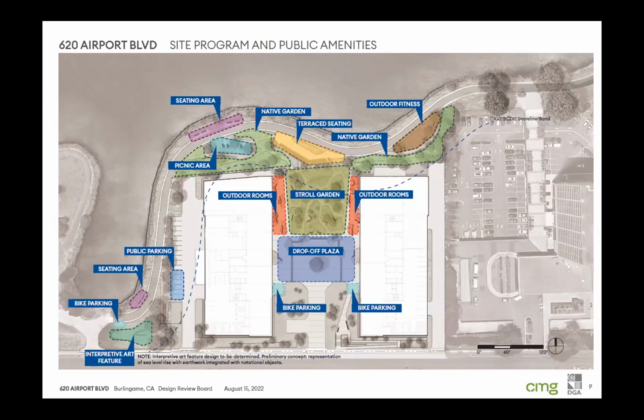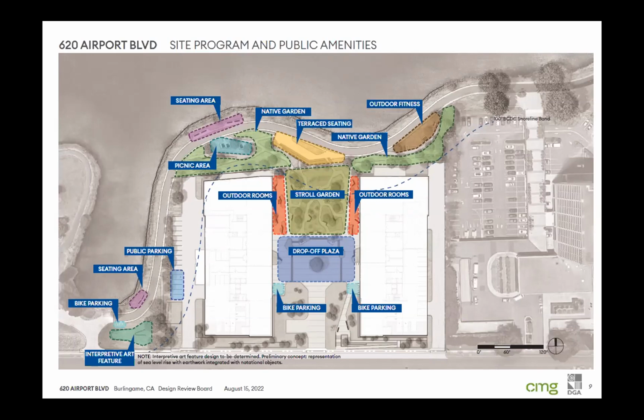In terms of amenities we're adding to the public parcel, a whole set of amenities that I think will transform this place from what is currently really a pass-through kind of space to a little more of an attraction, a destination, with outdoor fitness, picnic areas, seating areas, much improved seating, as well as native planting.